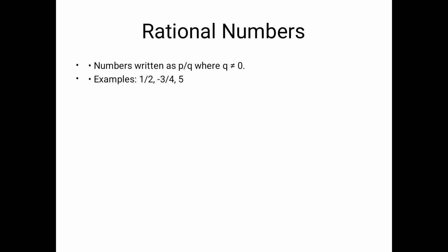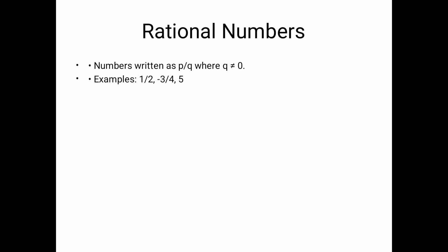And now comes the part which we are going to focus more on. Those are rational numbers. Rational numbers and irrational numbers together are called real numbers. What are rational numbers? Rational numbers are the numbers which are written in the form p by q, where q is not equal to 0.